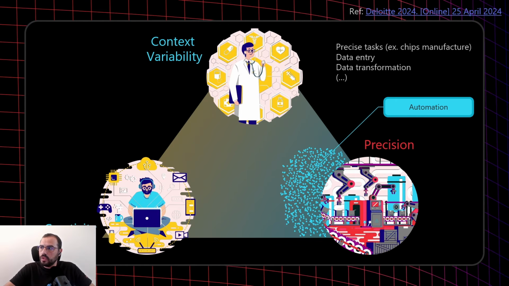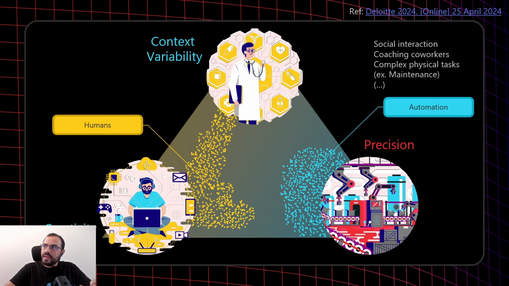So we are talking about robots, we are talking about deterministic code, deterministic algorithms, right? But humans, they still dominate the area of context variability and creativity. So for jobs that require really social interaction or really complex physical tasks, those are still done by us humans.